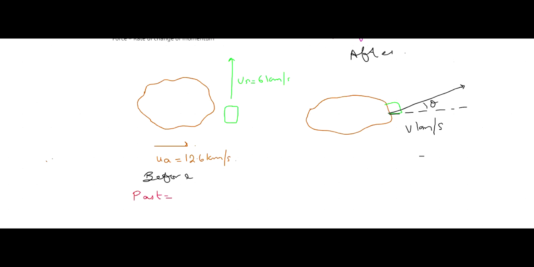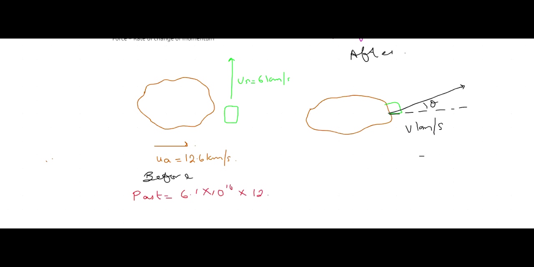Let's say that the mass of the asteroid is, what should I make the mass of the asteroid? 6.1 into 10 raised to the power of 10. Yeah, I think that seems reasonable. And the speed is obviously 12.6 kilometers per second.